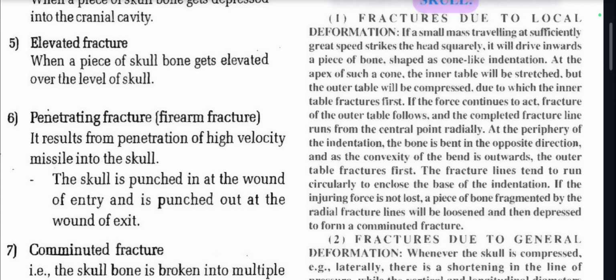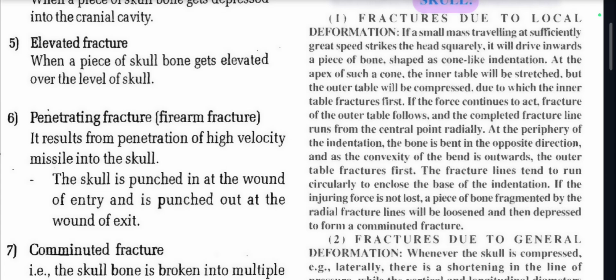Okay, so just understand, the object hits the center of the outer layer of the skull. Now the force spreads to the inner table as well as the outer table surface. Whenever the force is very large, it is going to travel to the outer layer of the skull, and obviously it will spread circularly. Just imagine the bullet has hit the outer layer of the skull, so the force is going to spread in a circular direction.